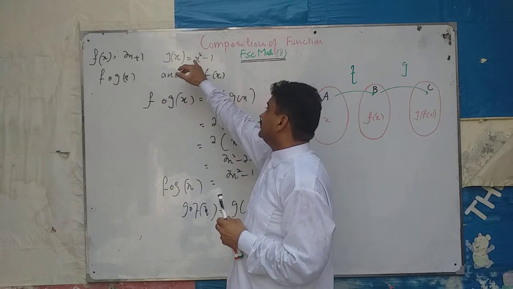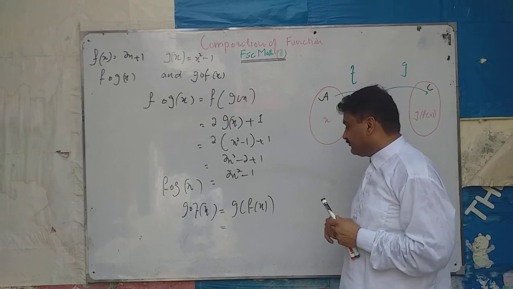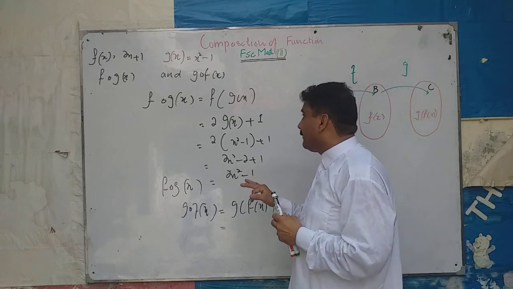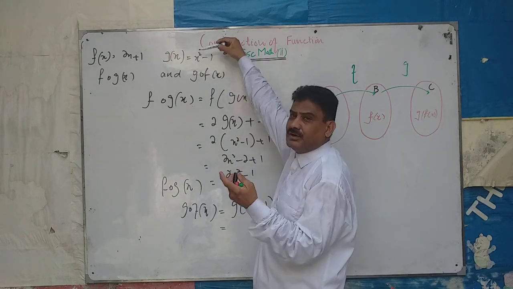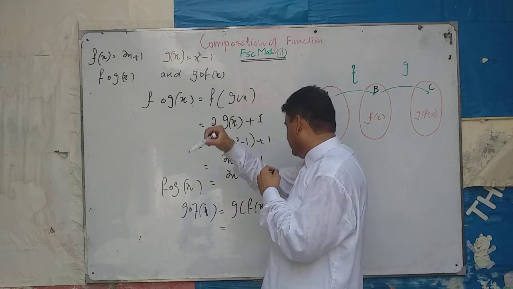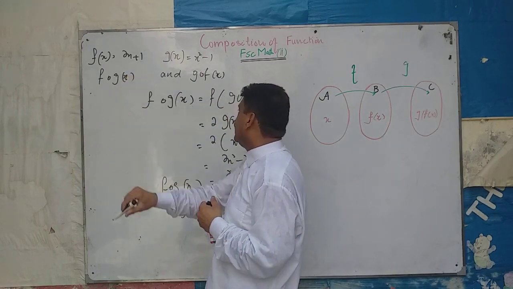Where is g? g is given. We replace x by f of x in function g. In function g, it is x square minus 1, and we replace x by f of x. The value of f of x is 2x plus 1.